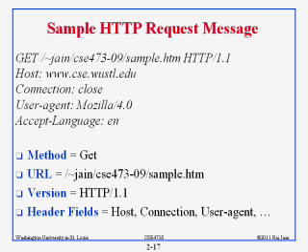Host: that is the host I want to get to. Connection, close the connection after giving me that. User agent, I am using Mozilla 4.0 and I accept only English. Okay, you send this message and then you send an empty line. Empty line means end of message.